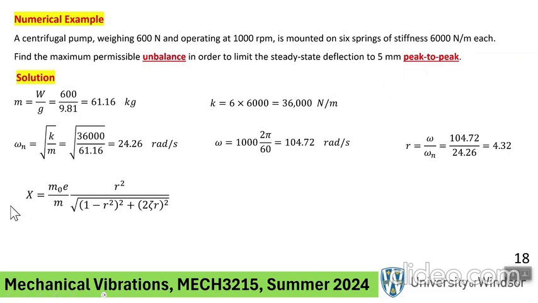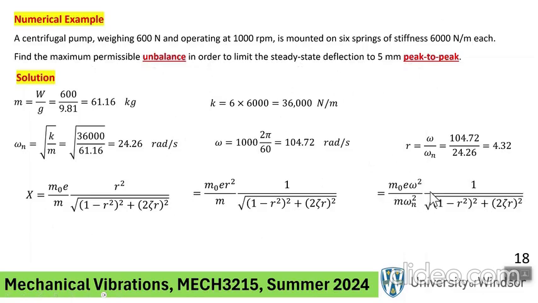So first of all, let's write down the expression that we always use for rotating unbalance. It's right here. We just plug in. Now notice that the damping value is not given here. Obviously, we're going to assume that damping is 0 because we don't have any information about it.